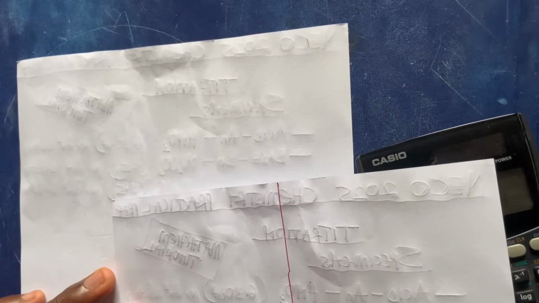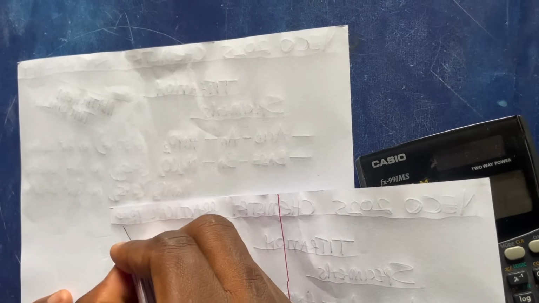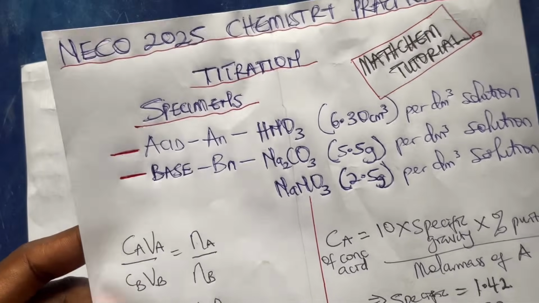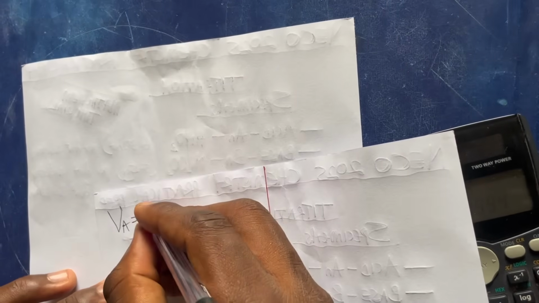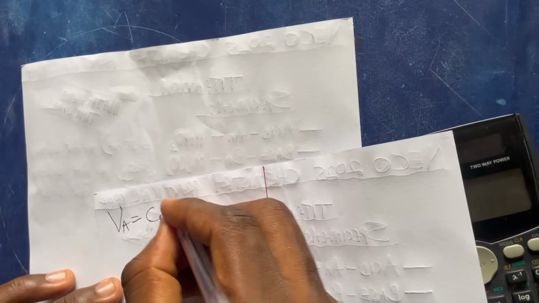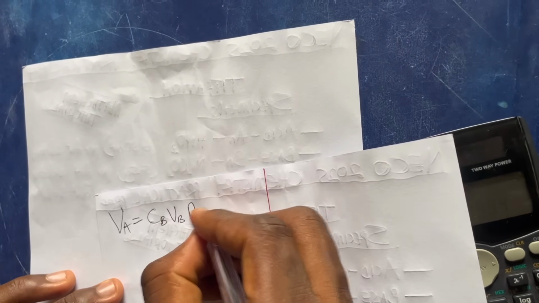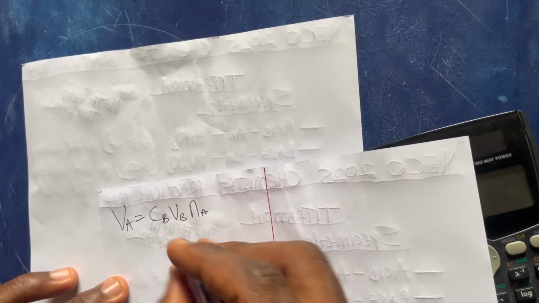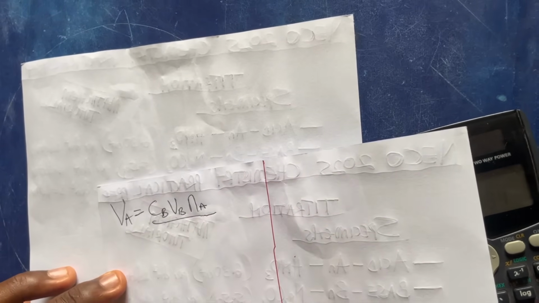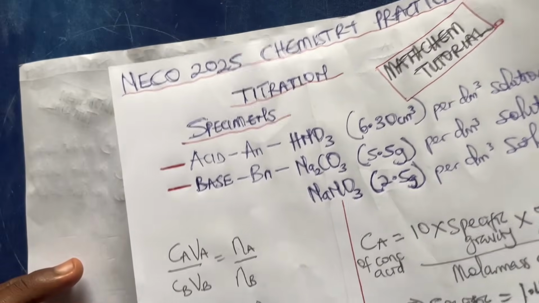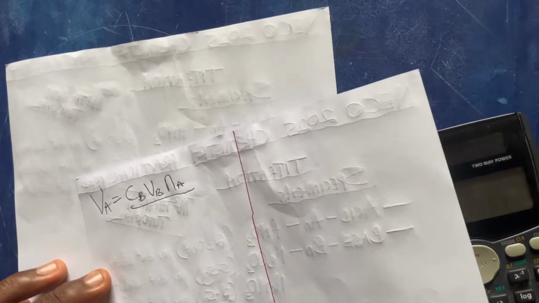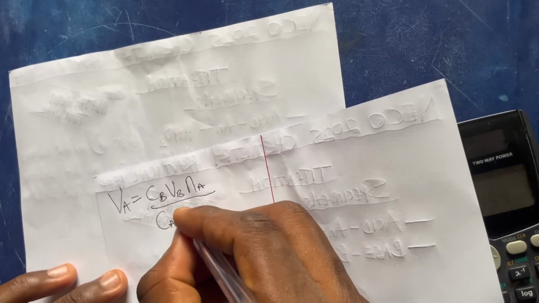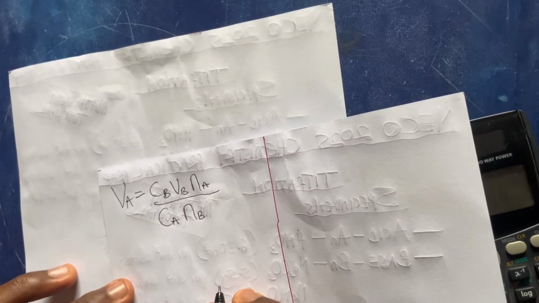Now let me write the formula again. VA is equal to CB VB NA over CA NB. All over CA NB.